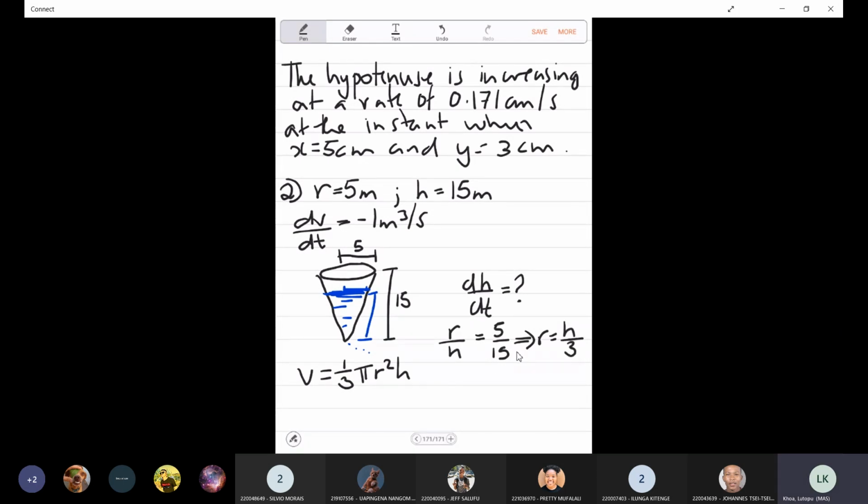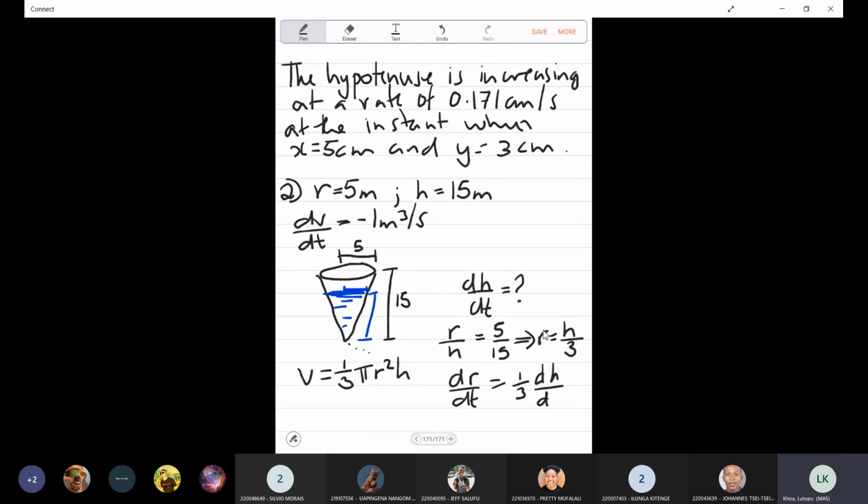Okay, so if r is equal to h/3, I can use that to work out dr/dt. So from here, dr/dt is equal to 1/3 times dh/dt.